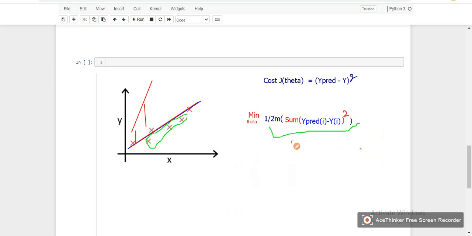This cost function is represented as J of theta. So we must minimize this J of theta to obtain a best fit line for this given data.